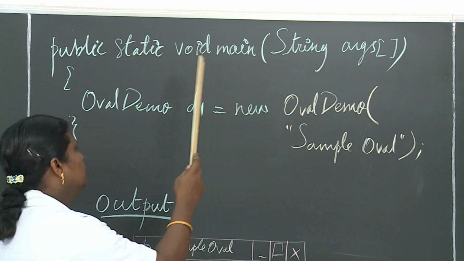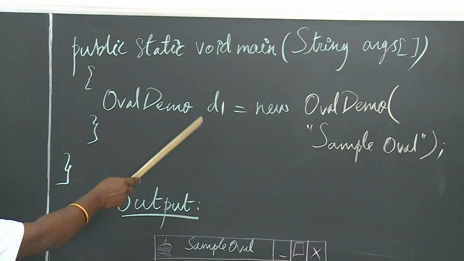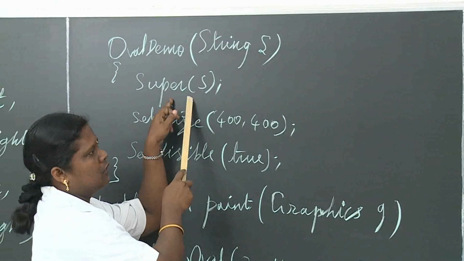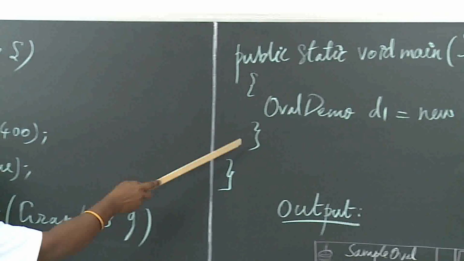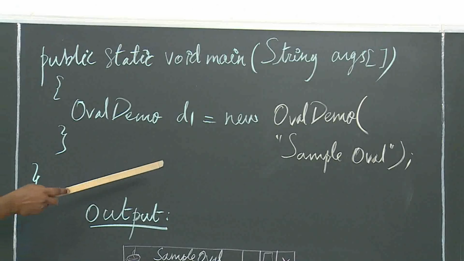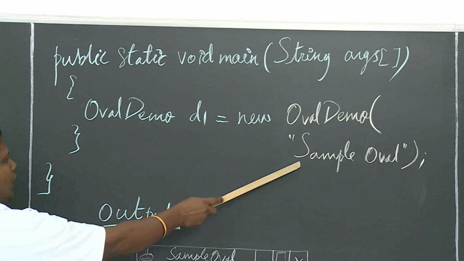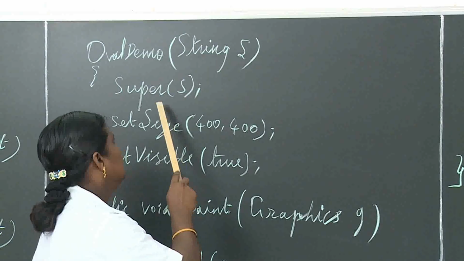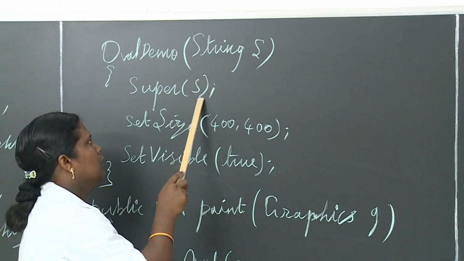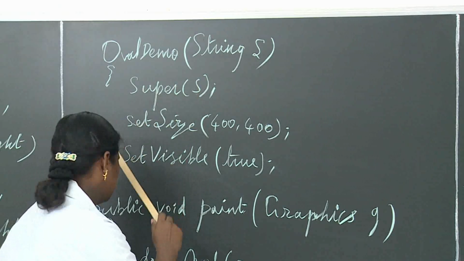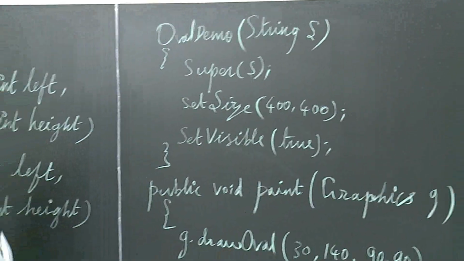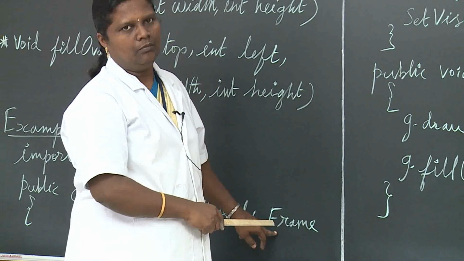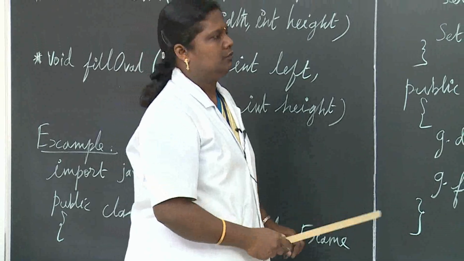This is passed to super(s), and through this super it is passed to the frame. So while displaying the frame, it will display the frame with the name sample oval.